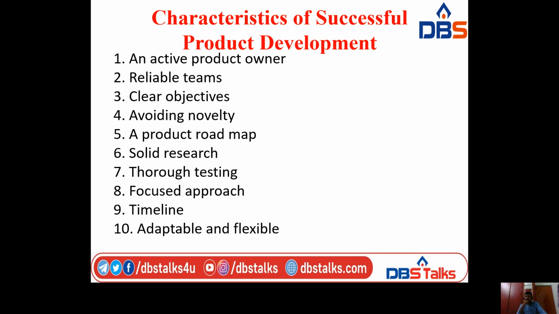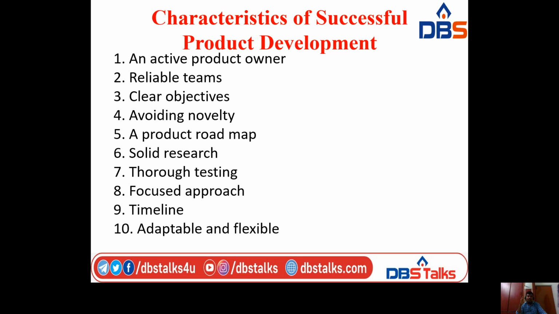Now, coming to the fifth one, the product roadmap. For any smaller projects or products, or larger projects lasting some years, the roadmap is very important. You have to set the roadmap, and based on the roadmap you compare everything.